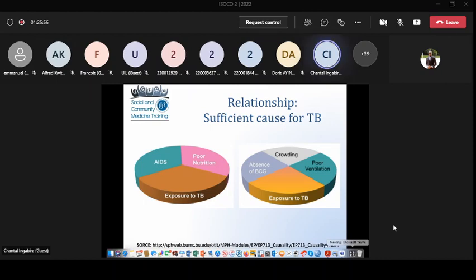Any other contribution? Any other contribution when we talk about the sufficient cause model?